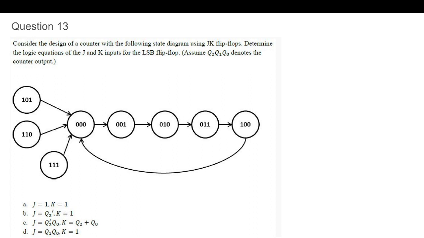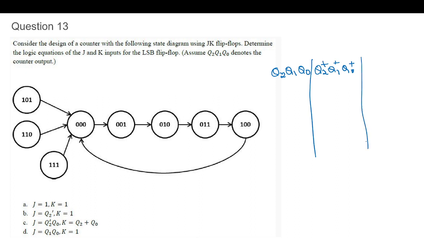So next question, consider the design of the counter. Determine the logic equation of J and K for the LSB flip-flop. Q2, Q1, Q0, Q2, Q1, Q0 next state equation.